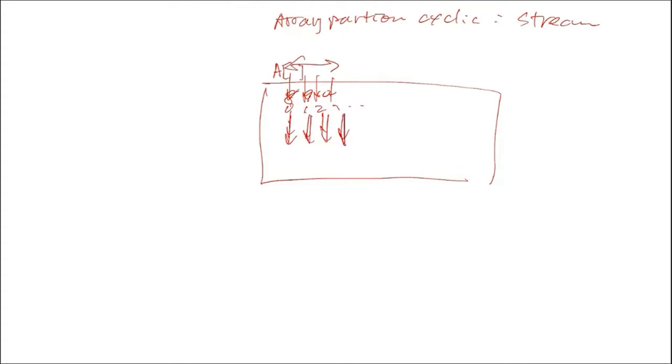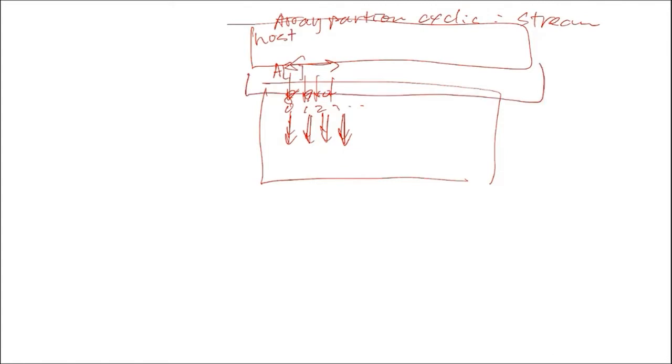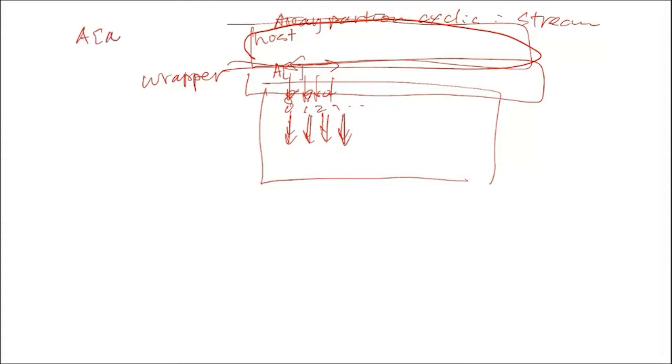Yeah. So my question is, when you do the co-simulation, this is the host program, and internally there is a wrapper. When you do the co-simulation, in the host I believe you also declare this array and you prepare the test data.